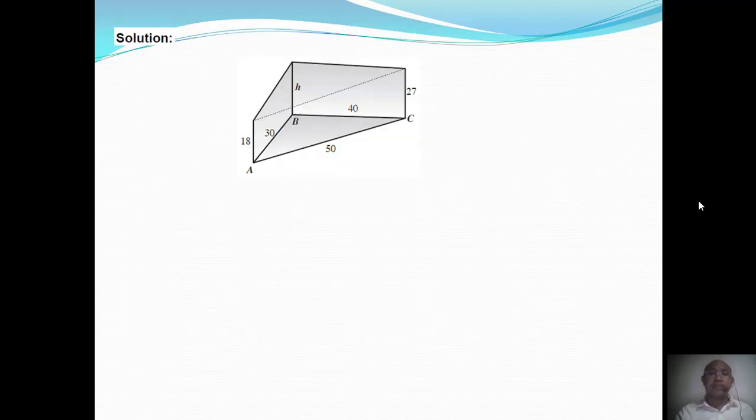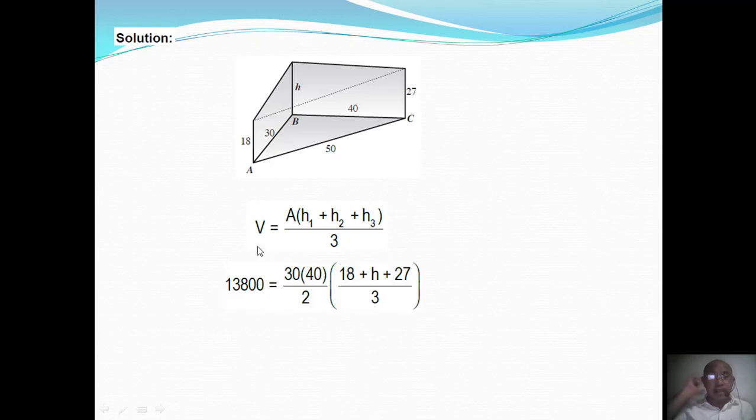Okay, so I will solve. So this is now the figure. At A, the height is 18. At B, the height is unknown h. At C, the height is 27. 30, 40, 50, right triangle. So from the volume, that is area of the base times average of the three heights. Volume is 13,800.